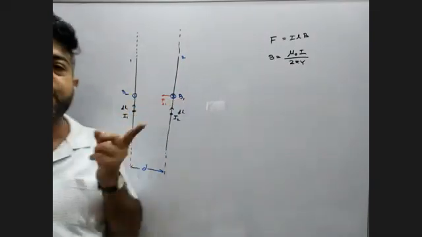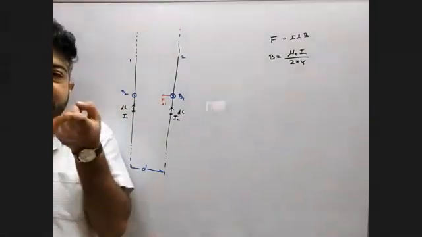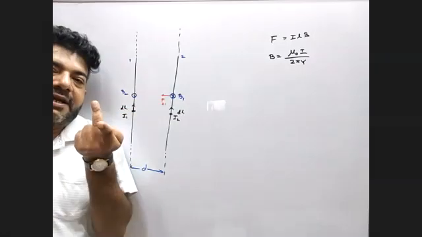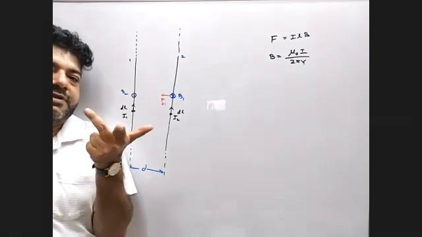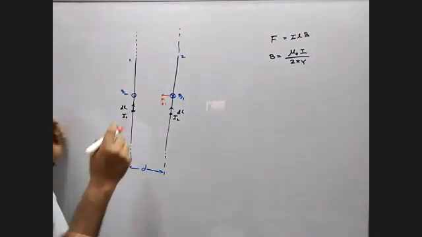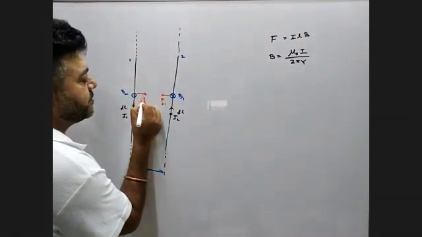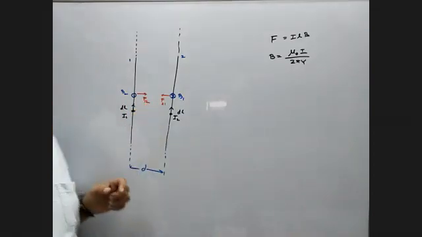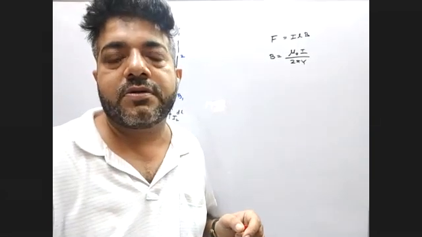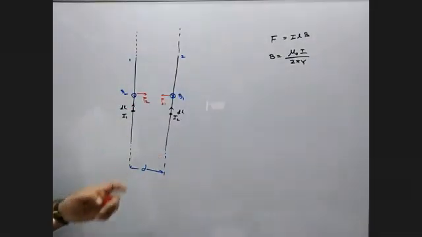Similarly, the field here is a dot, out of the page, the current is upward, and the force is in this direction. So force on 1 due to 2. Is it okay, everyone? You understand up to that?